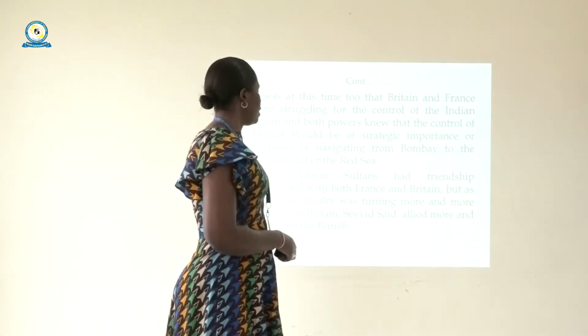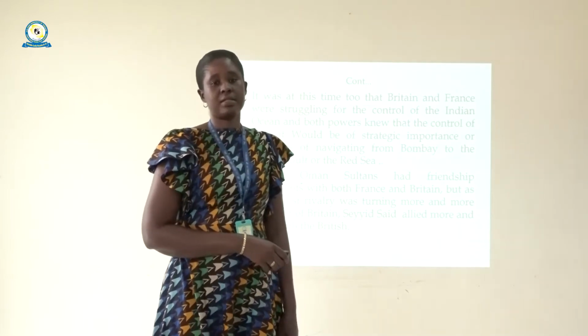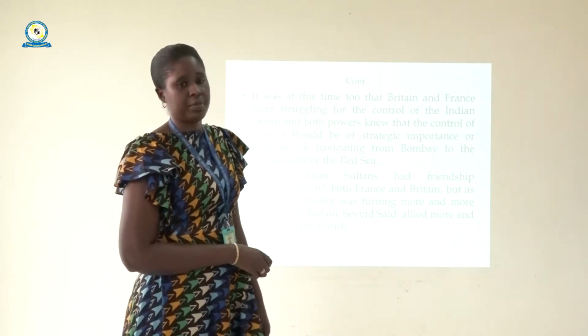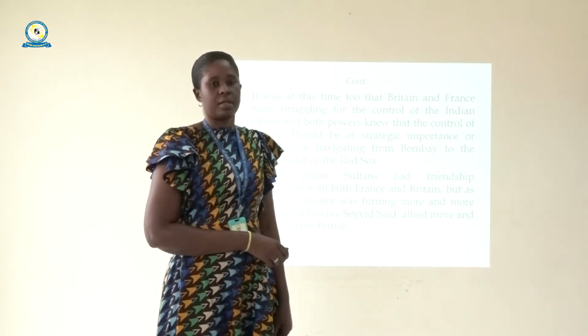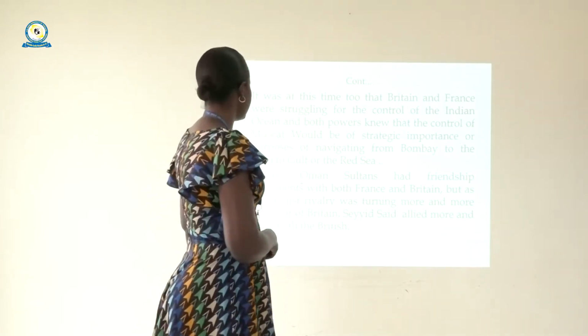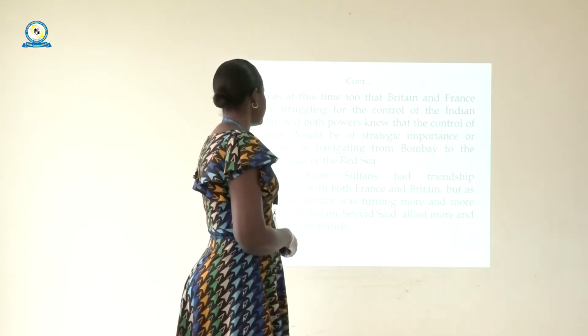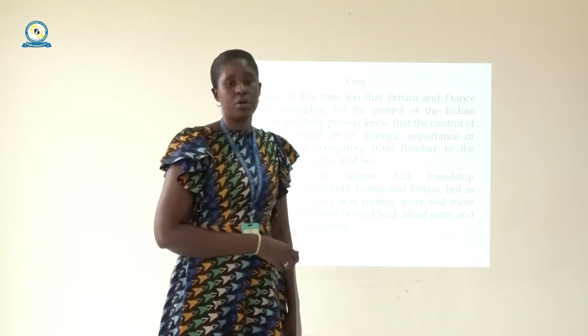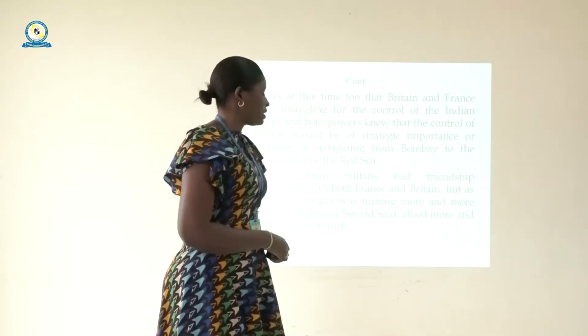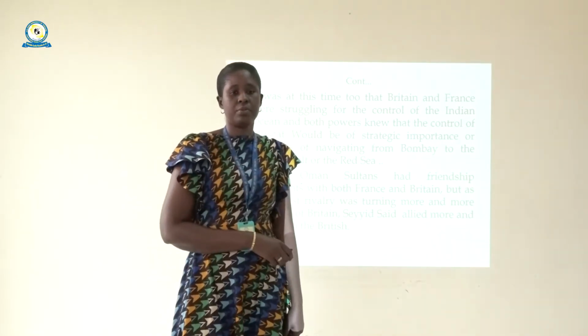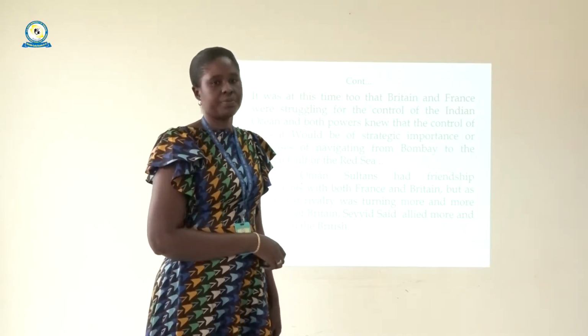Again, the Omani sultans had a friendship agreement with both France and Britain. But the imperialist rivalry was turning more and more in favor of Britain. This being the case, Said allied more and more with the British.